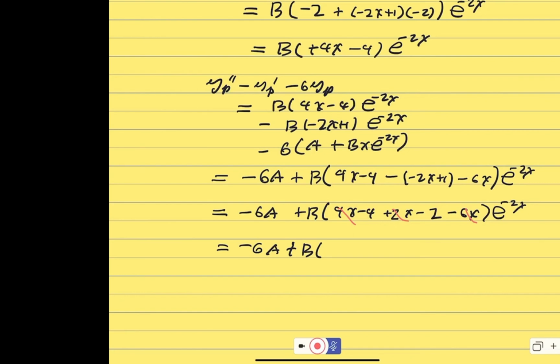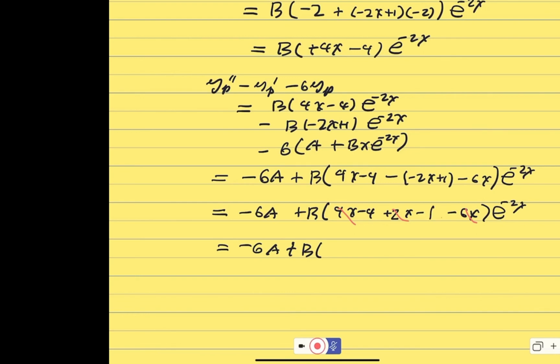And then that is going to leave me with minus 2, and I've still got an error in here. When I distributed that in, that shouldn't be a 2. That should be a minus 1.